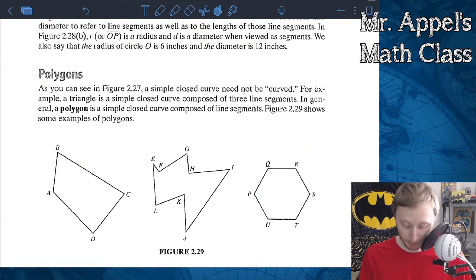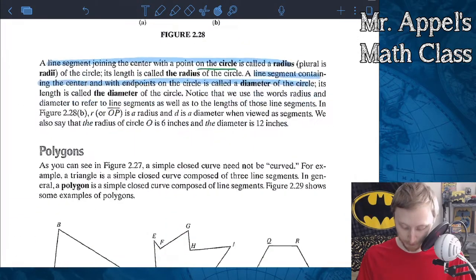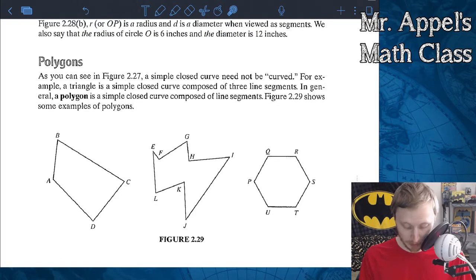Polygons. As we can see in figure 227, simple closed curve need not be, quote, curved. That was this example here. For example, a triangle is a simple closed curve composed of 3 line segments. In general, a polygon is a simple closed curve composed of line segments.